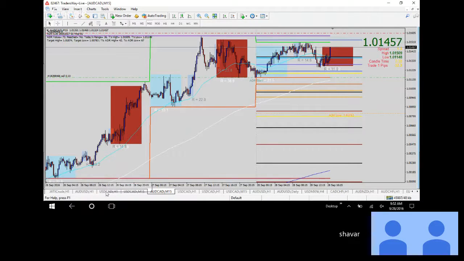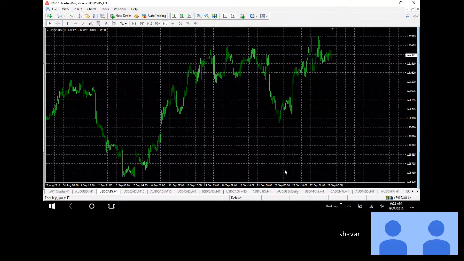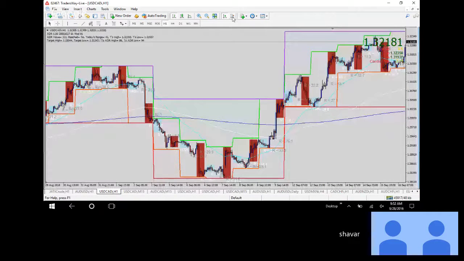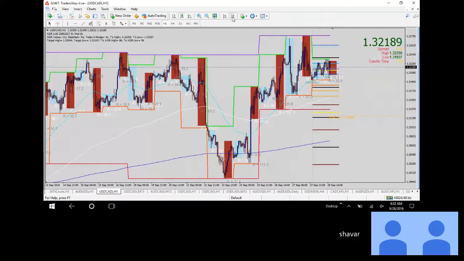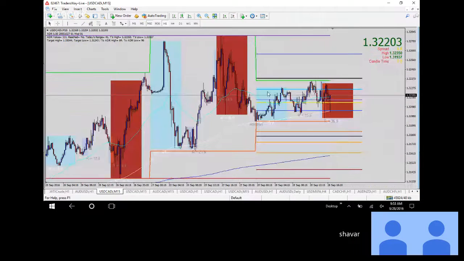All right, let's look at USD CAD. What's been going on with it? Yes, it has been trading inside of a range and has been doing that for a while.